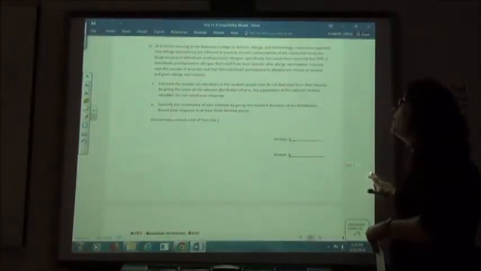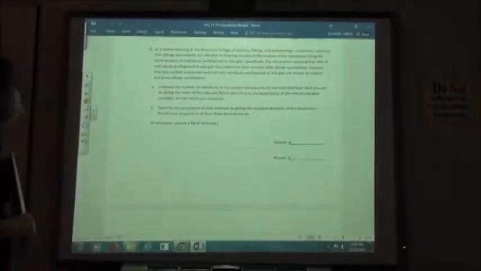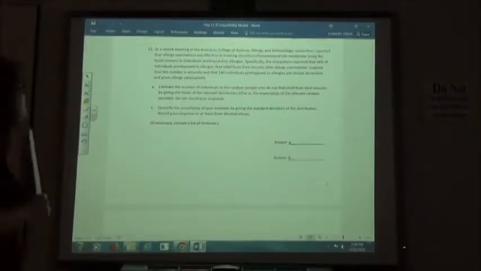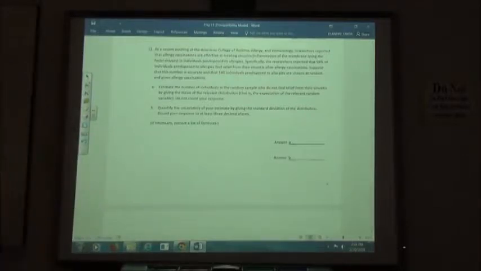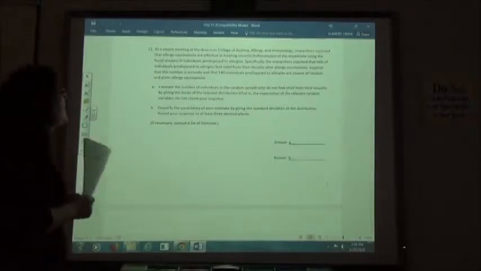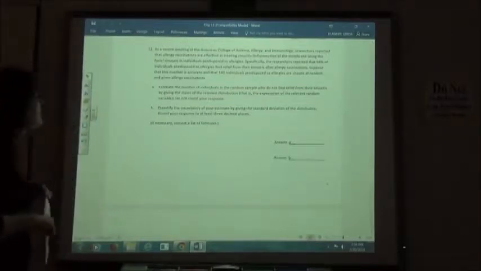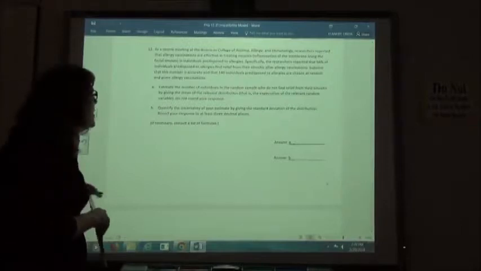Number 12. At a recent meeting at the American College of Asthma, Allergy, and Immunology, researchers reported that allergy vaccinations are effective in treating sinusitis, inflammation of the membrane of the lining of the facial sinuses, in individuals predisposed to allergies. Specifically, the researchers report that 98% of the individuals predisposed to allergies find relief from the sinusitis after allergy vaccinations.